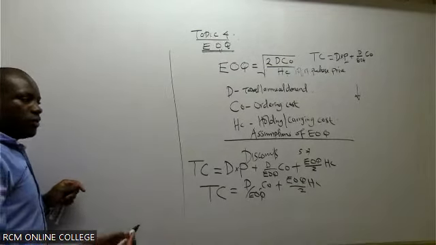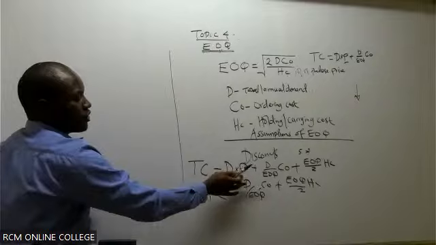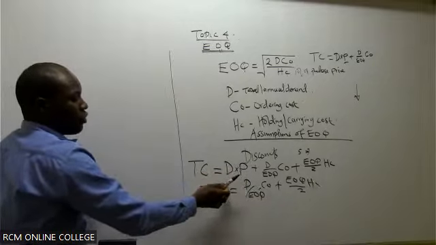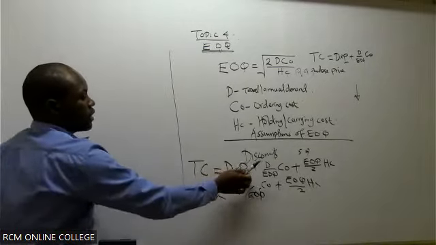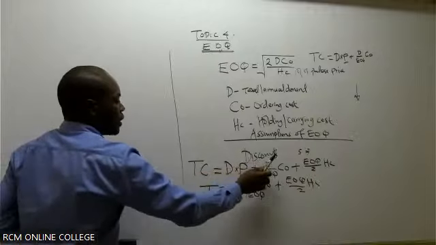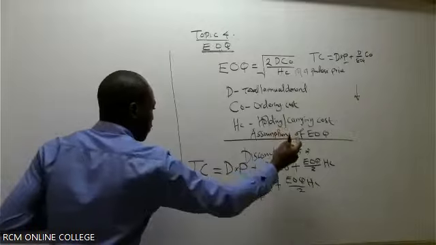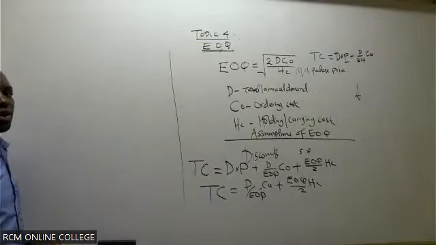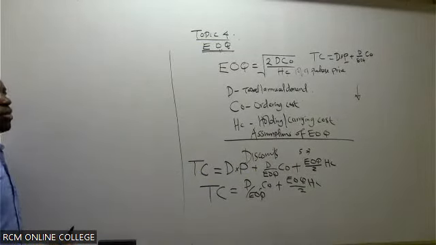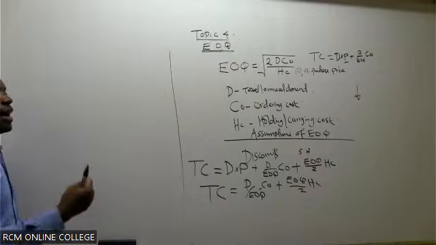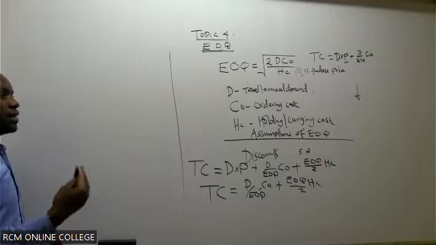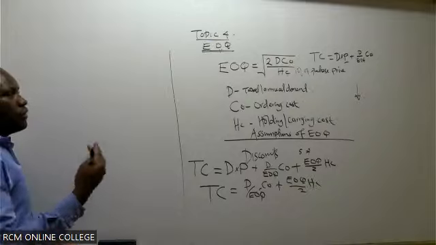In some cases you find they know this one here is constant, and therefore your total cost will not be affected by this, but will be affected by total ordering cost and total holding cost. So that is what we need to understand as we get to look at an illustration for this particular concept.